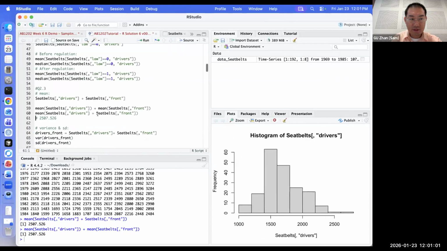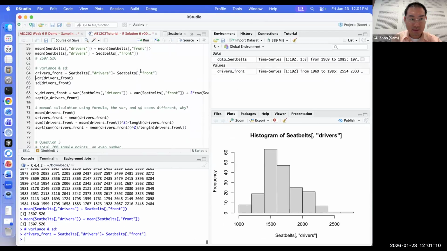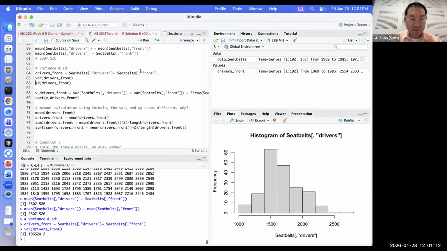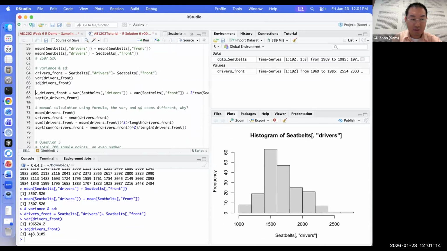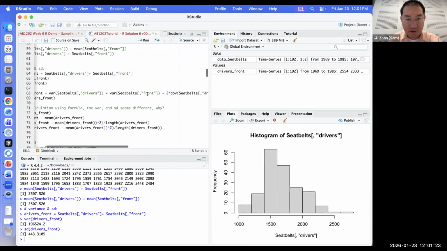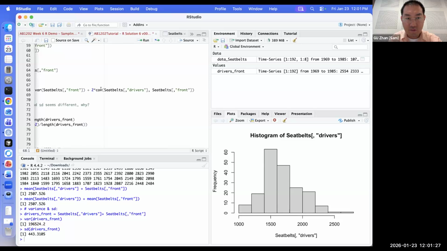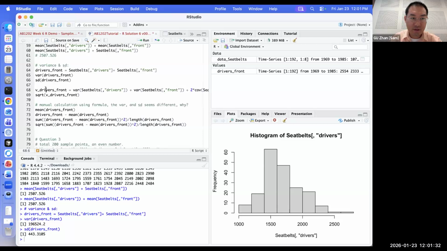Then variance and standard deviation. Next we're showing you the variance of driver plus front. You add them together, and show the variance and the standard deviation of it. Then next is the variance of driver plus variance of seat belt plus 2 times the covariance of drivers and seat belt.